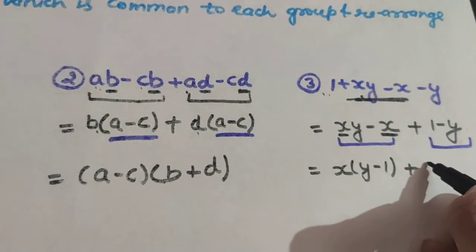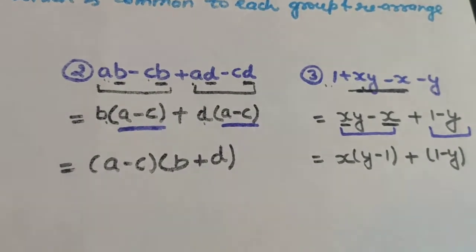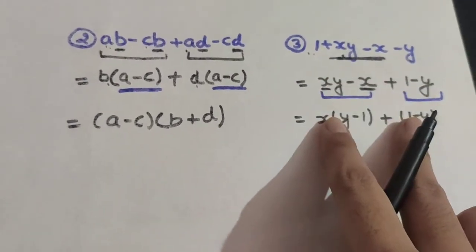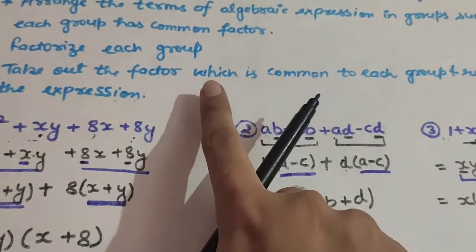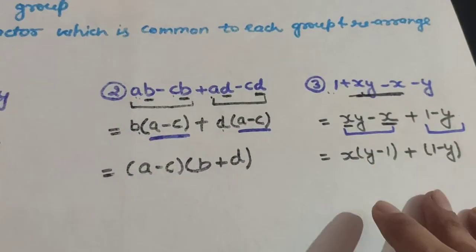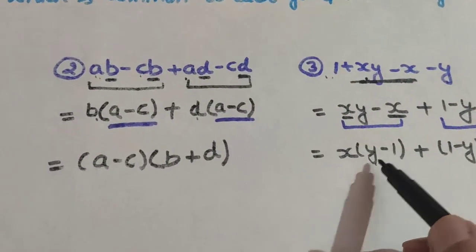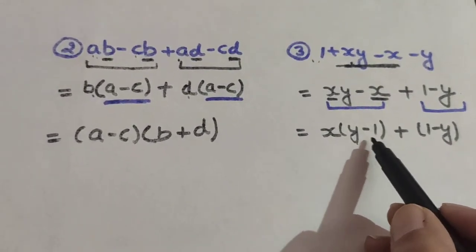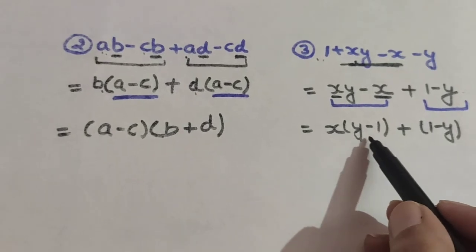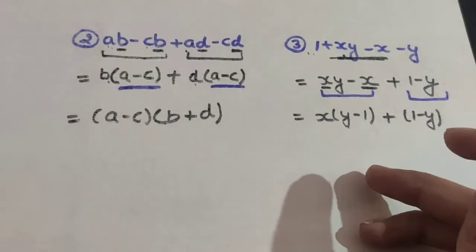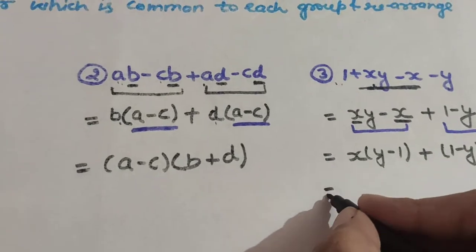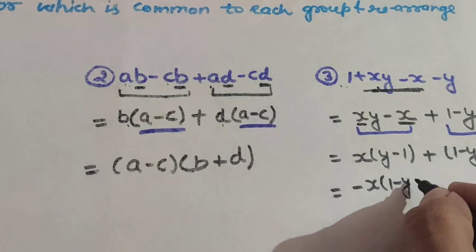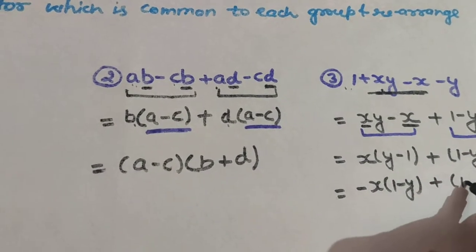We can't take anything as common, so we will write it down as it is. Now we have factorized both groups. Now we have to take out the factor which is common to each group. But here it is y minus 1 and there it is 1 minus y. So we will take out minus 1 as common from this group such that 1 minus y is common to each group. When we take out the minus sign common, in the bracket it will become 1 minus y.